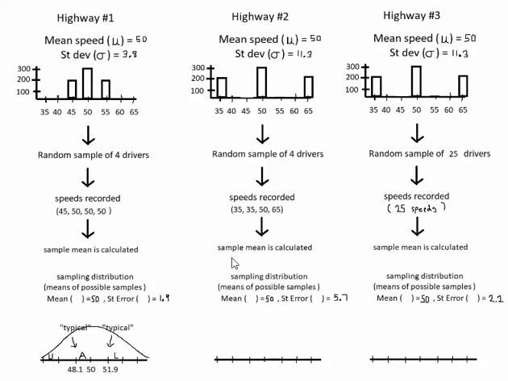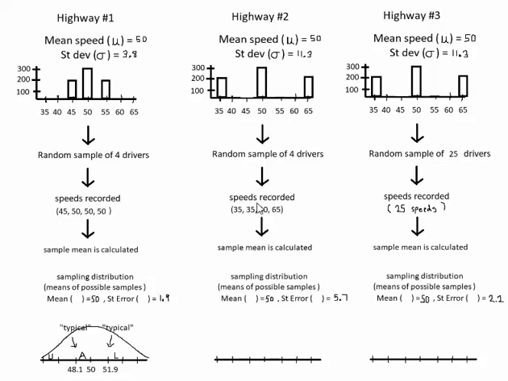And then after that, just repeat the same process going down for Highway 2. Once again, write out this information, and make up 4 new speeds for this random sample of 4 that's coming from this population, this highway.